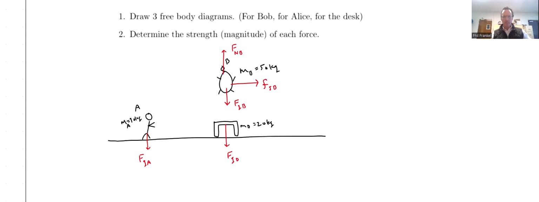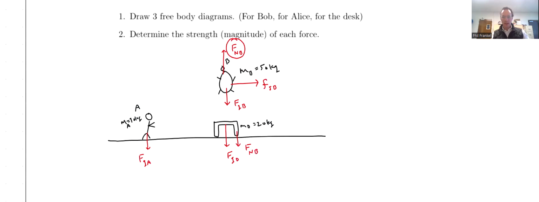Now, how about the desk? There's a force of gravity down on the desk. There's also a normal force down on the desk. That's right, down. There's a normal force pushing the desk down because Bob is sitting on top of the desk. There's another way to look at that. If the desk pushes Bob up with a normal force, then Bob must push the desk down with a normal force.